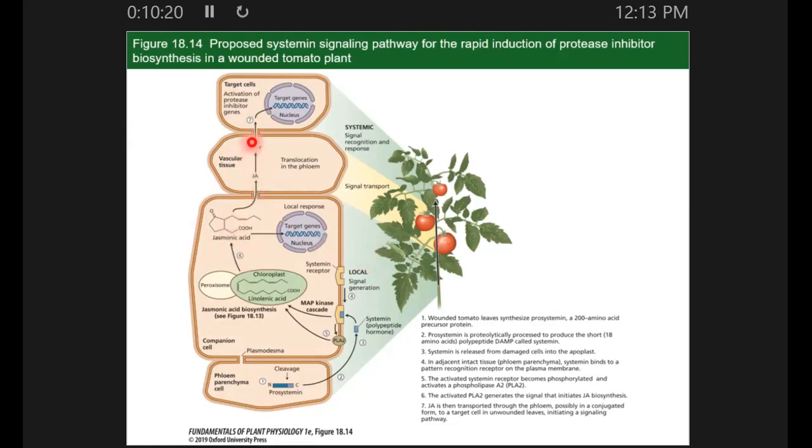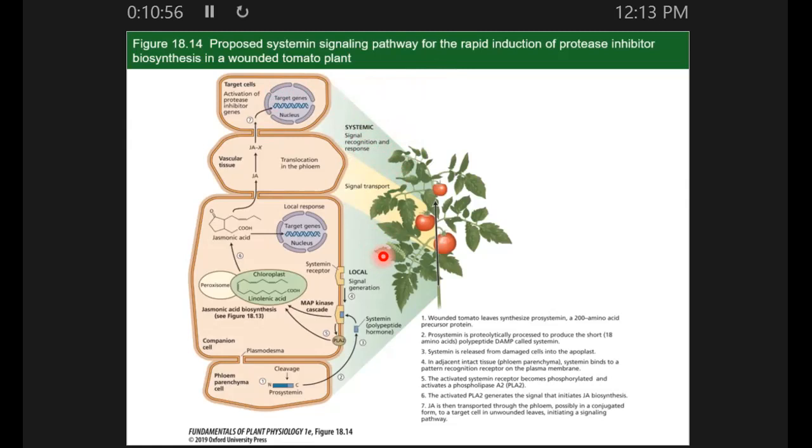And so what they're trying to show in this drawing is that jasmonic acid can very quickly get transported through the plant body via the phloem and can activate distant cells, distant tissues. And so this is the idea of a full systemic body response, so that here you see the word systemic. So they're just trying to say that this one leaf getting chewed on will send a whole systemic response throughout the plant body.